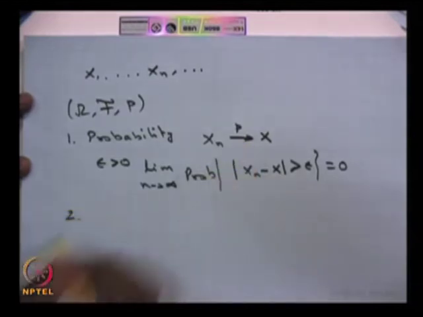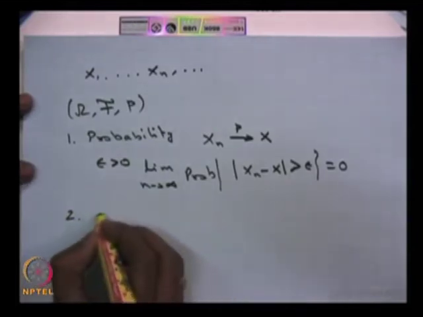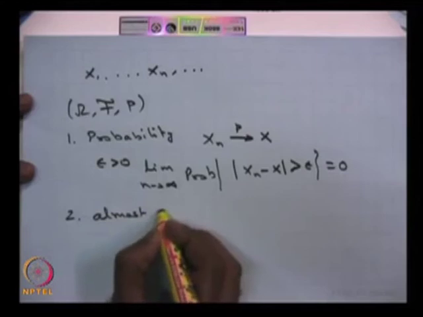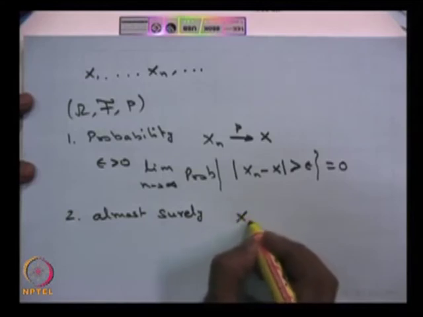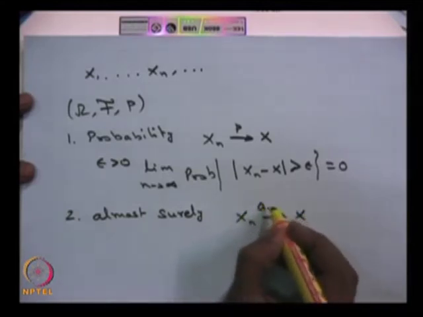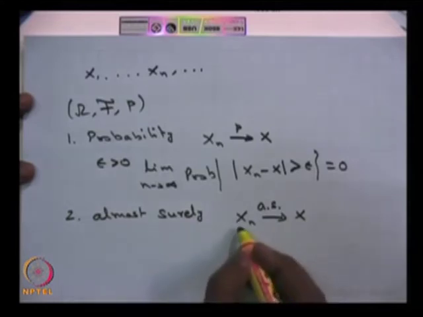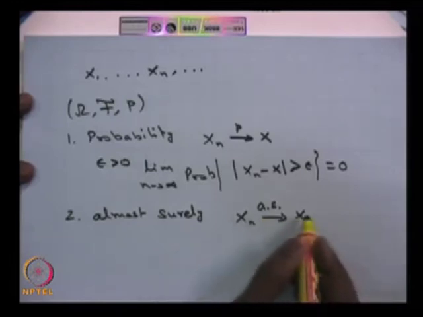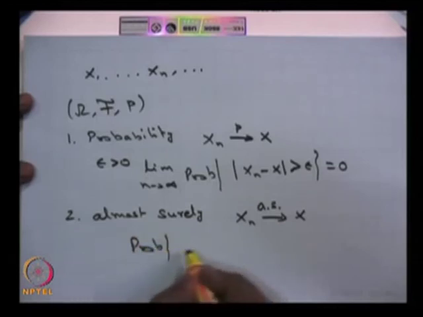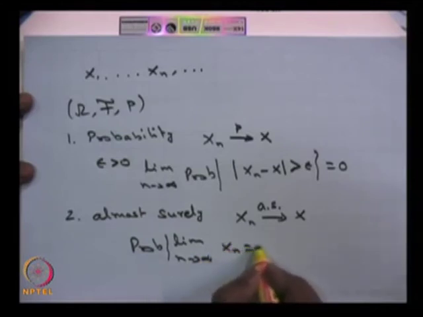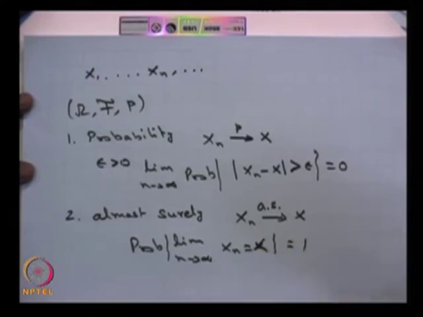The second mode of convergence is convergence almost surely. The notation is Xn converges to X a.s. That means the sequence of random variables converges to the random variable X as n tends to infinity almost surely, provided the probability of the limit of Xn equal to X is 1.